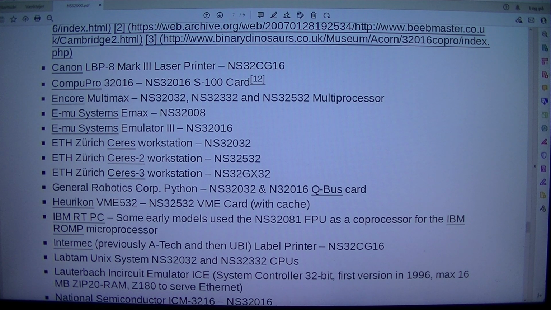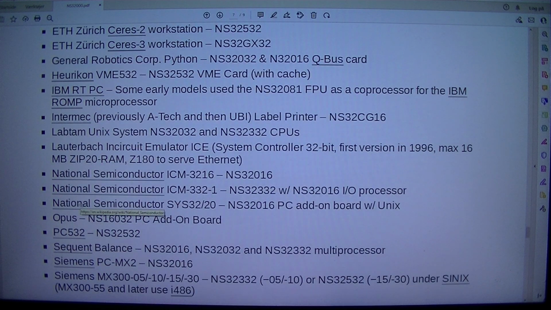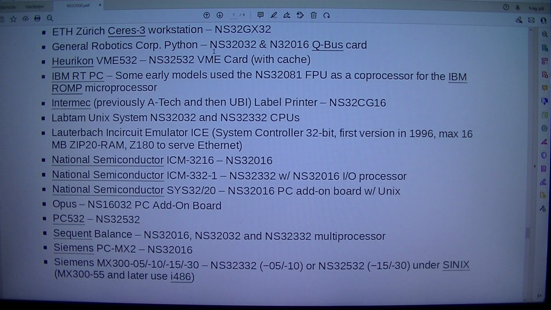ETH Zurich Series 3 Workstation NS32GX32. General Robotics Corporation Python NS32032 and NS32016 Q-Bus card. Huracan VME532 NS32532 VME card, with cache. IBM RTPC. Some early models used the NS32081 FPU as a coprocessor for the IBM microprocessor. Intermec, previously ATEC and then UBI, Naval Printer NS32CG16.